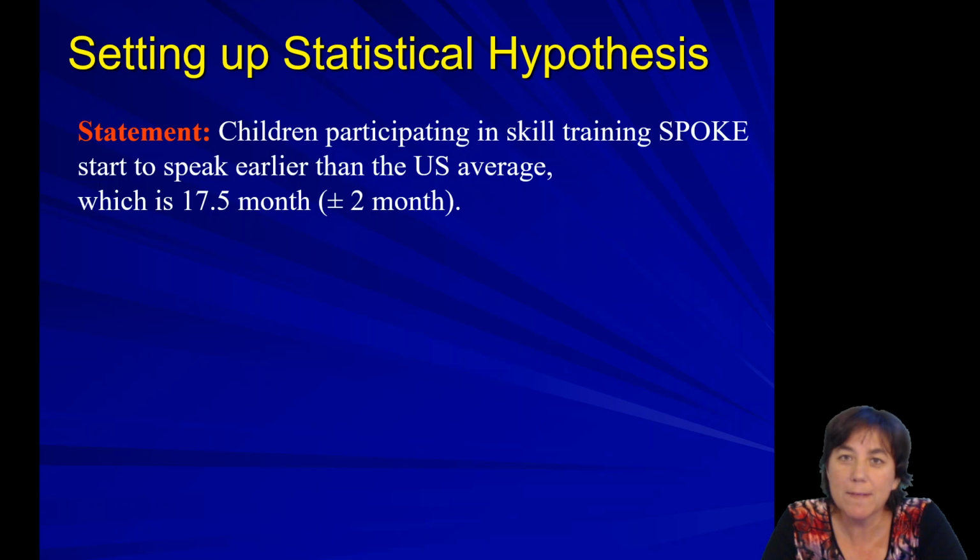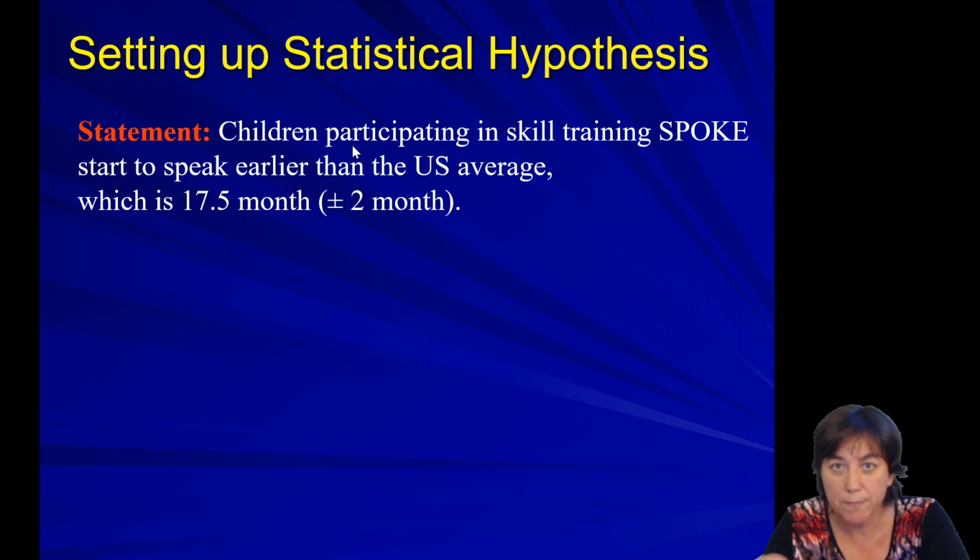So, whenever we set up a statistical hypothesis, we have a statement. Let's start with a very easy, interesting one, and it's very general. This is what you will probably test when you're doing actual statistics in your university life.